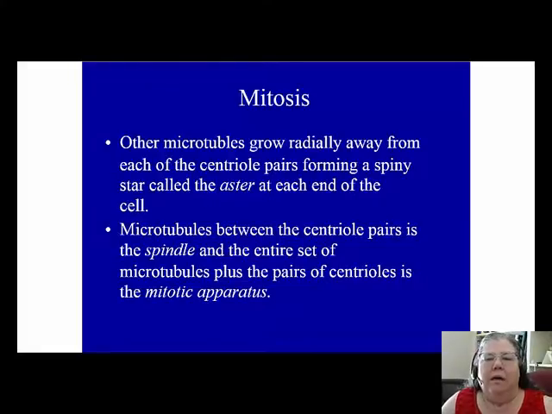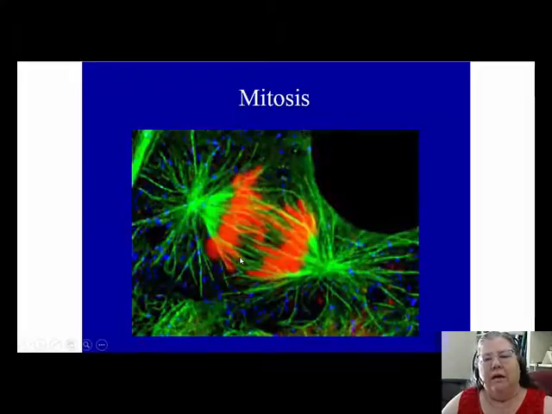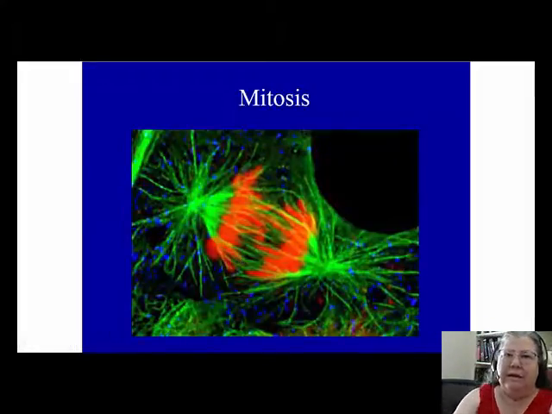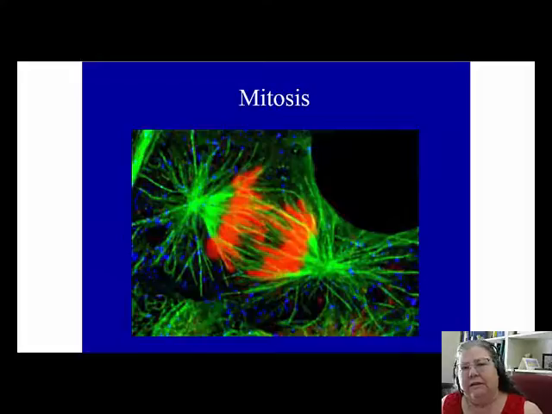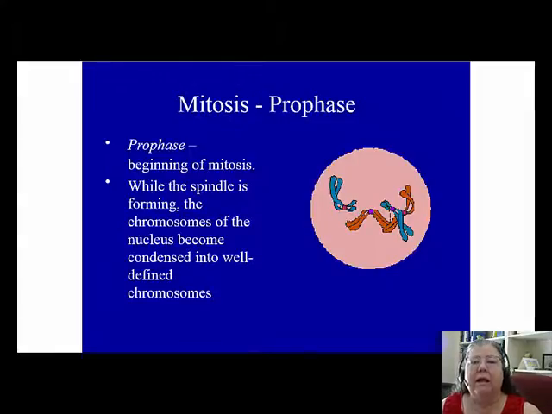You don't need to know these details, but this apparatus eventually pulls apart the respective duplicate DNA strands, causing mitosis. And I'm going to skip by the phases of mitosis.